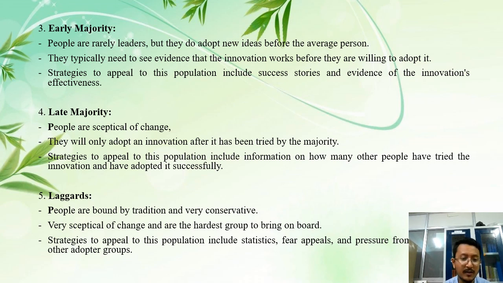Now, as marketers, the strategies to appeal to this population can be fear appeals or peer pressure from other groups. So these are the 5 categories or groups of people that this theory has divided the population into.